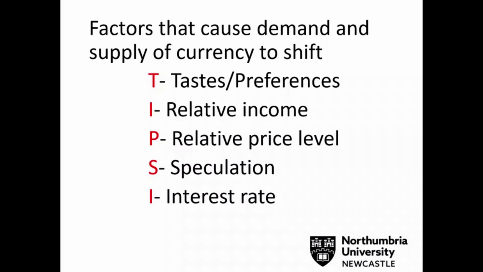They'll sell off that currency and buy another currency that's more stable. And if everyone sells off a currency, then we'll see a depreciation in the value of that currency. So pure speculation can shift supply and demand. And the last one, which we've noted before, the key one, is interest rates. If interest rates change, then that will result in a foreign exchange rate change.